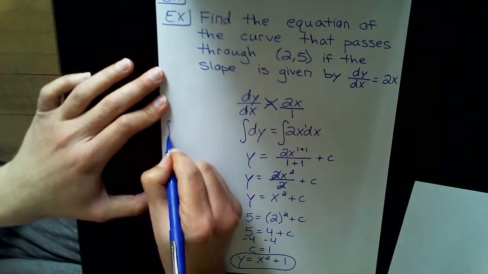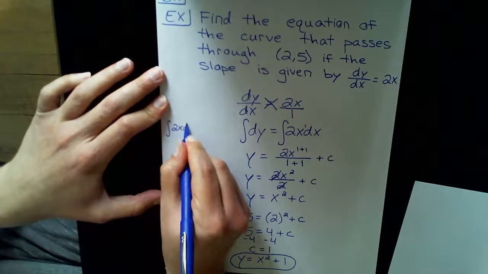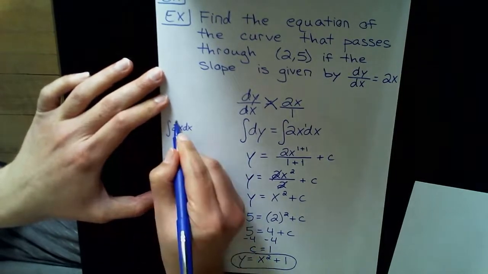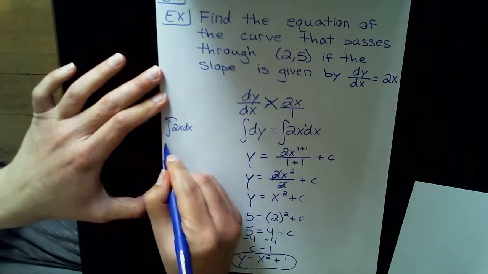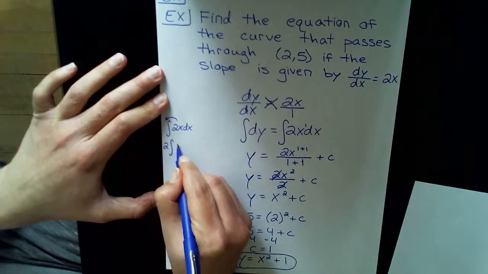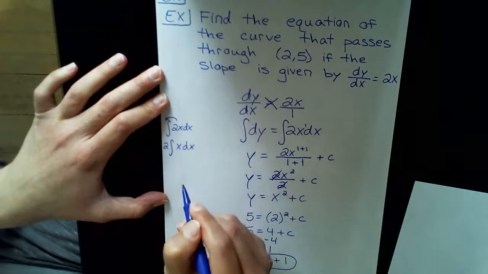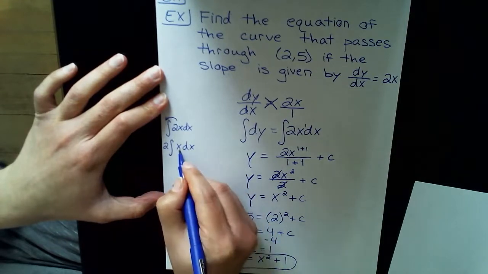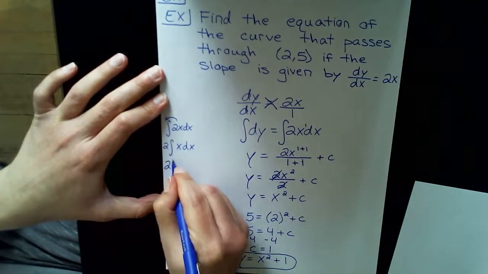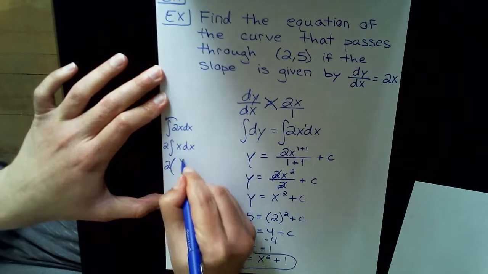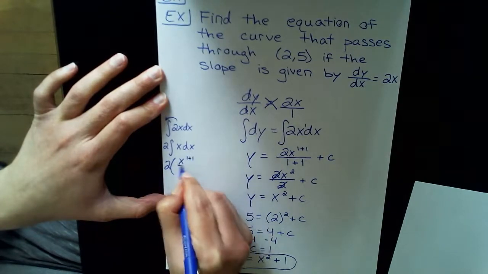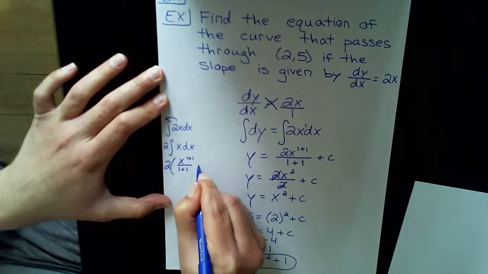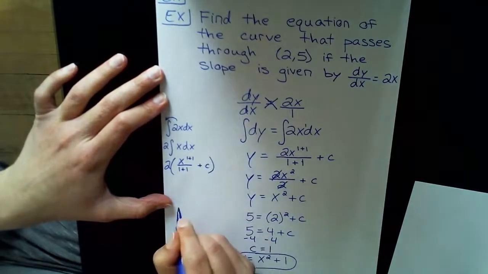When we first learned how to do that, we would take the 2 out, which gave us 2 times the integral of x dx. And then when we take the antiderivative of x, we would get 2 times x to the 1 plus 1 over 1 plus 1 plus c.